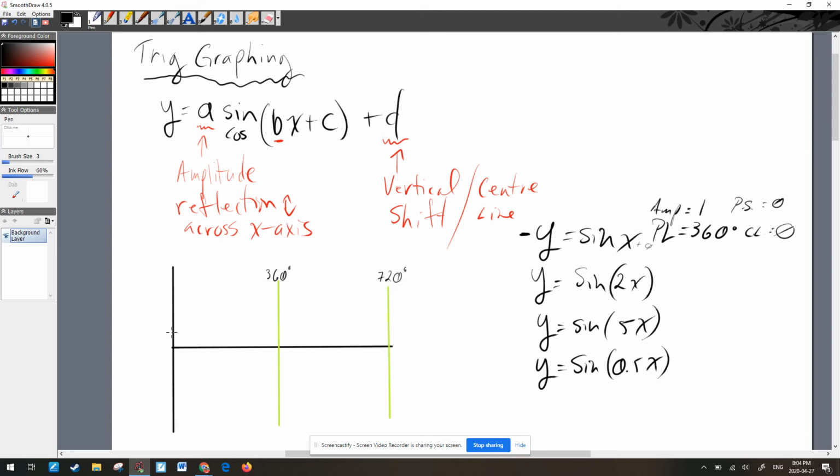Now, it's got an amplitude only of 1 for the first one. Well, they all do, actually, in this case. Because of that, I'm going to make this taller just so it's easier to draw. Sine has to finish one complete cycle in that 360 degrees, so halfway, at 180 degrees, is where it's going to cross back over.